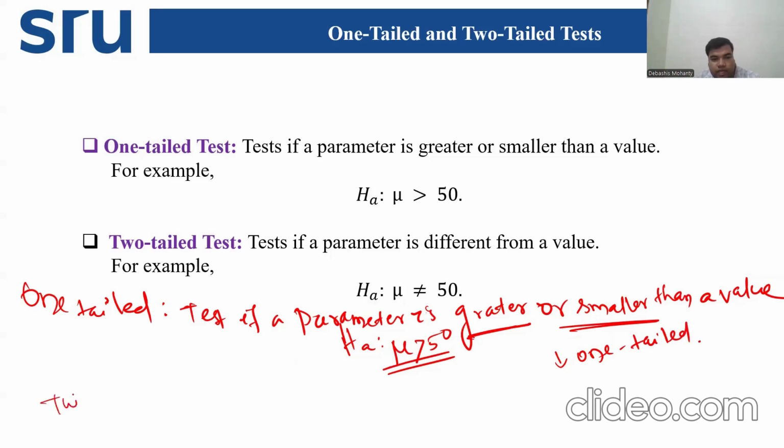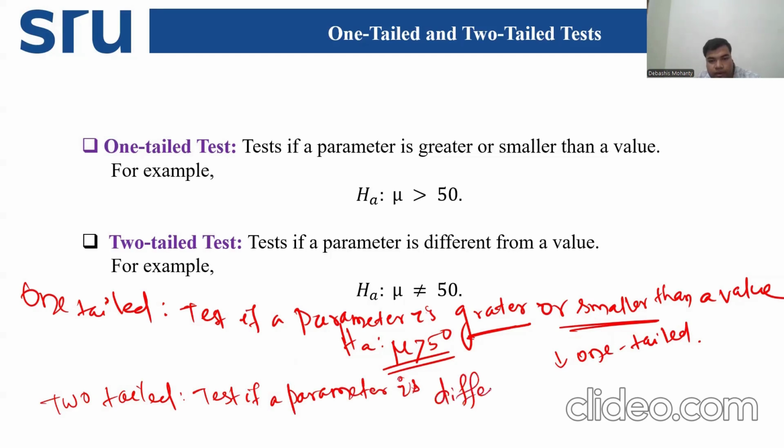Again, what is a two-tail test? A two-tail test checks if a parameter is different from a value. That means the alternative hypothesis HA is mu is not equal to 50.